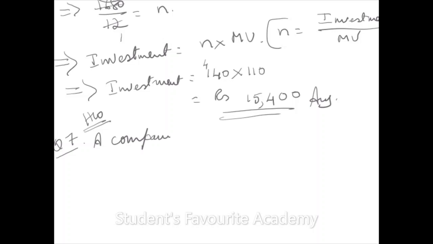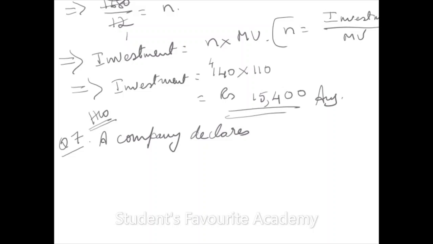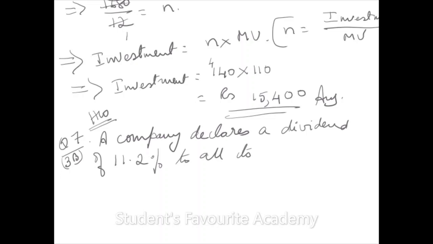This is question 7 of 3B, same exercise. A company declares a dividend of 11.2% to all its shareholders.